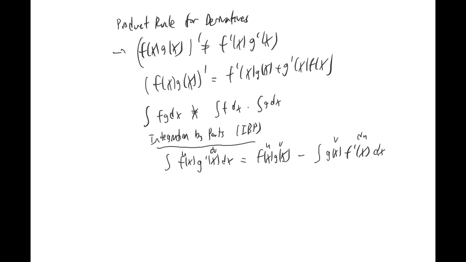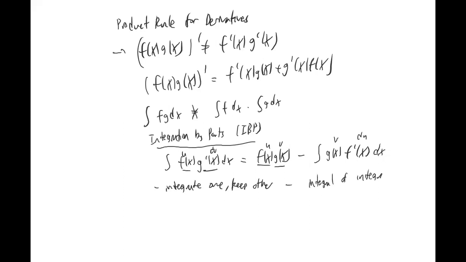Okay. So in English, what are we doing? If you just ignore this, you integrate one, keep the other. As you can see here, I integrated my g, right? My g prime became g. And I keep the other, so I kept the f. And then I subtract the integral of the integrated one.